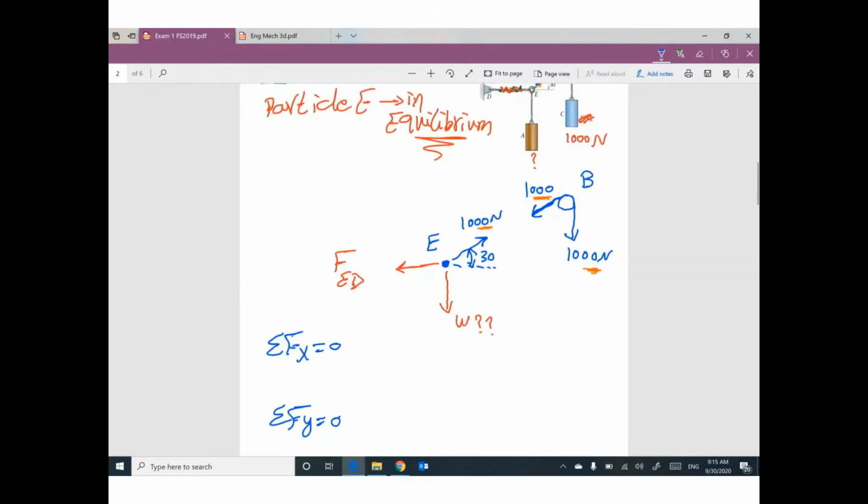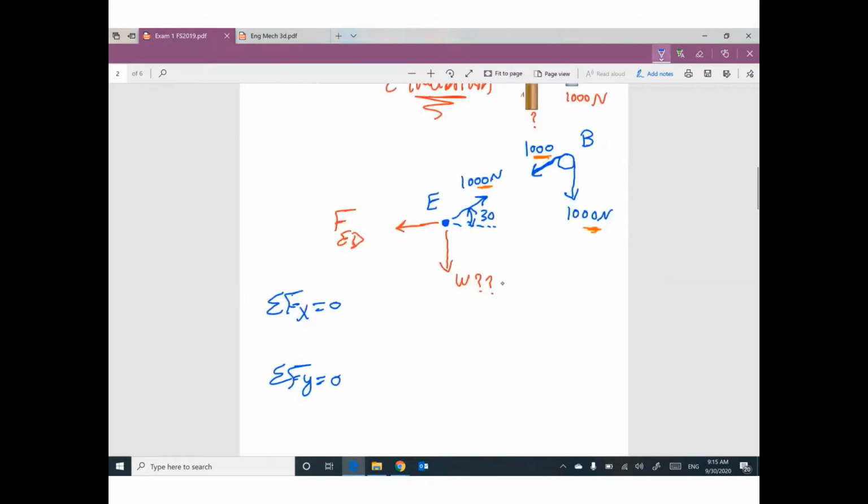So if you apply summation Fx equals 0, in X direction we will have 1000 cosine 30 minus FAD equals 0. We have only one unknown, FAD. So I can figure out the value of FAD. It will be 1000 times cosine 30.